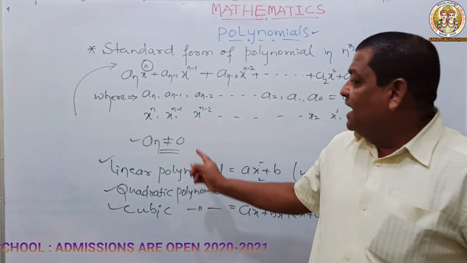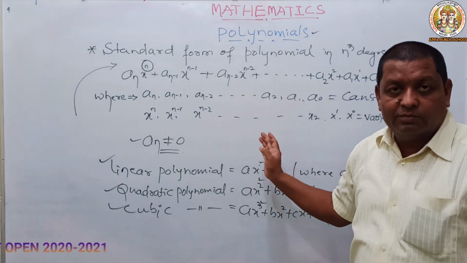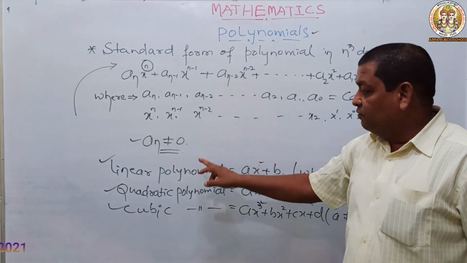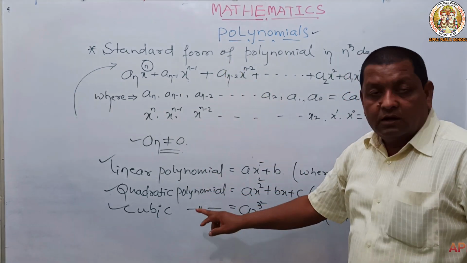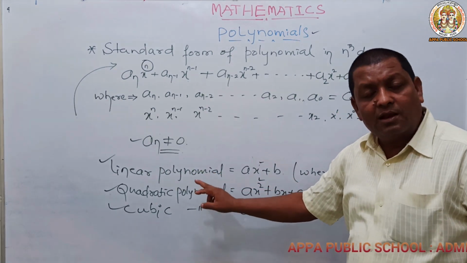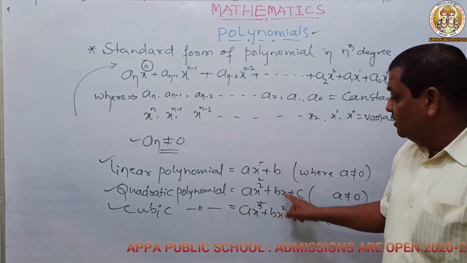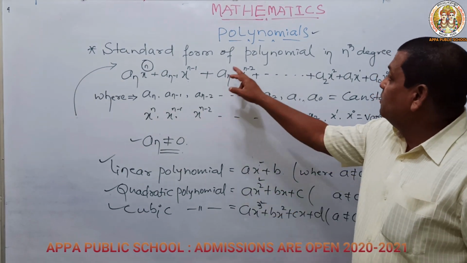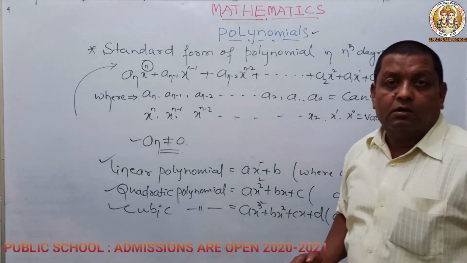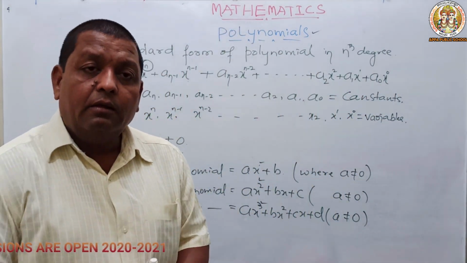So this is the standard form of the polynomials: nth degree, first degree, second degree, third degree, that is linear, quadratic and cubic polynomial. And we are in x, so it is a polynomial in x. Suppose it is in the y variable, then polynomial in y.